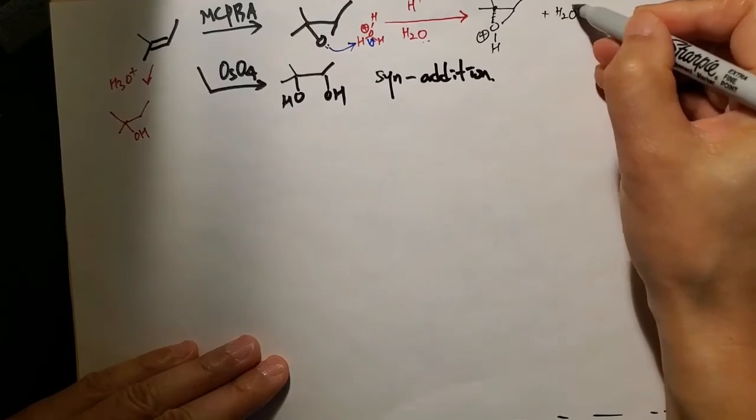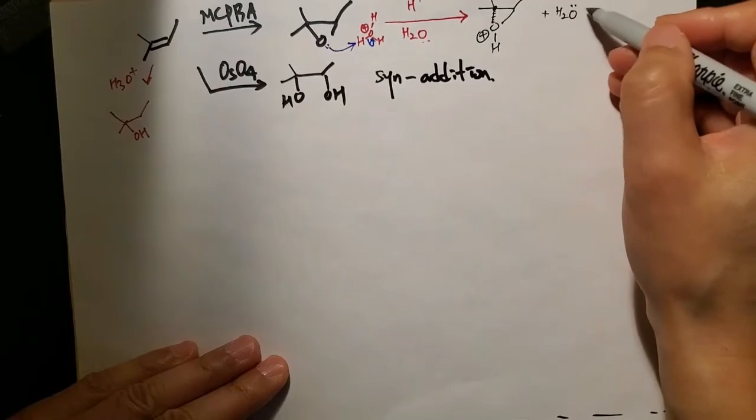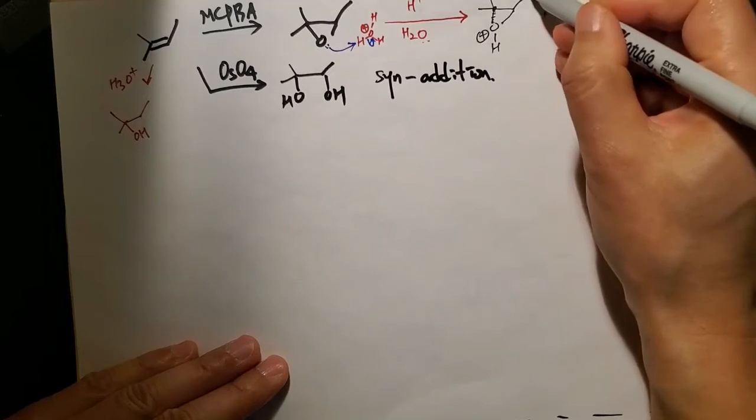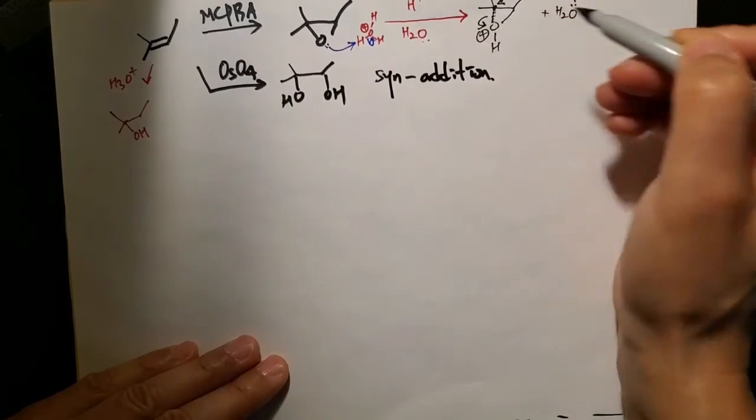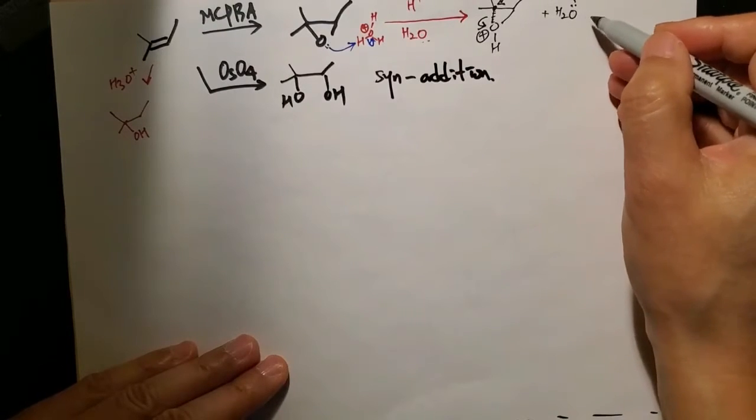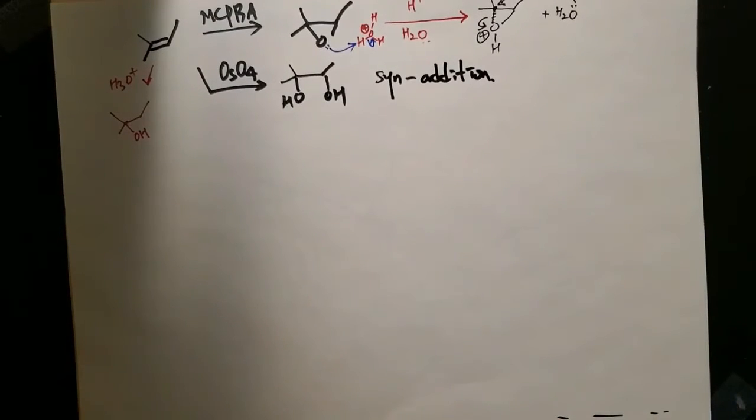So oxygen of water acting as a base coming from the backside of the leaving group, breaking off OH, not completely off of the molecule, but off of the carbon.